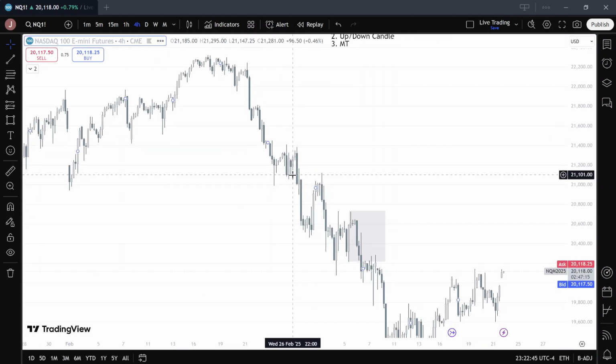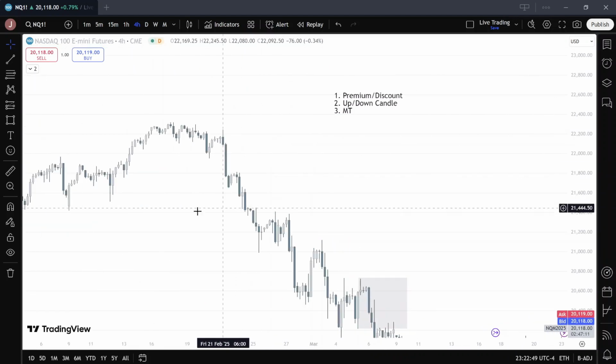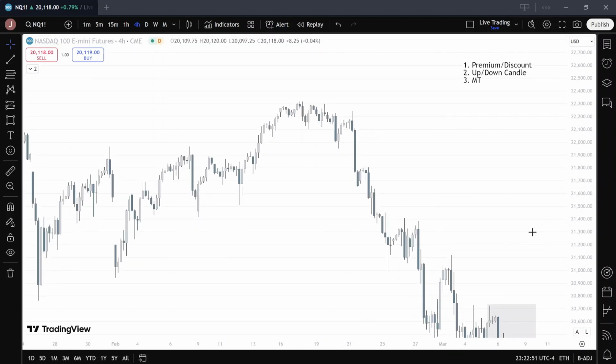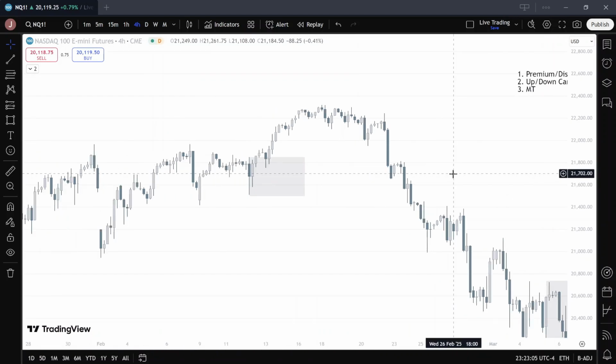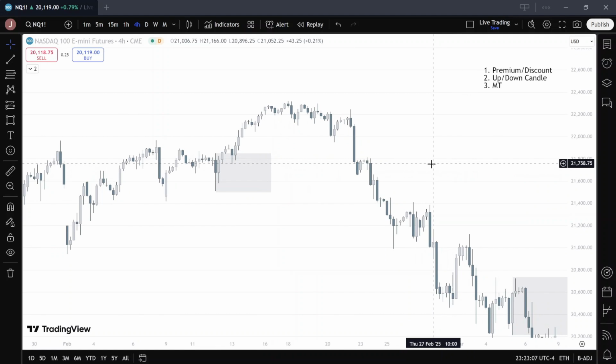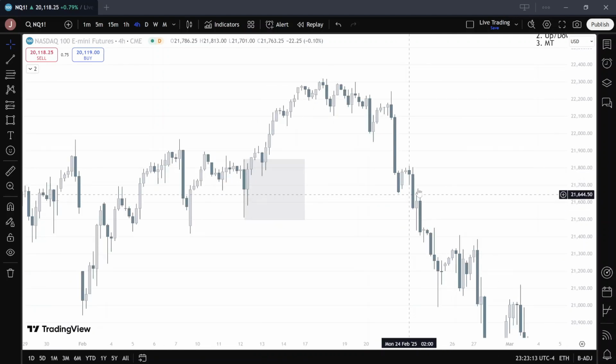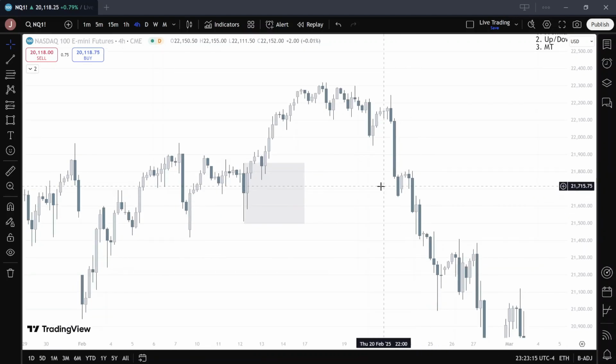Now, the last thing I want to cover is MT. So I'm just going to use the previous two examples. So let's start with the bullish example first. MT is basically short for mean threshold. Mean threshold is just the 50%. So the halfway point of the order block must be respected, ideally.